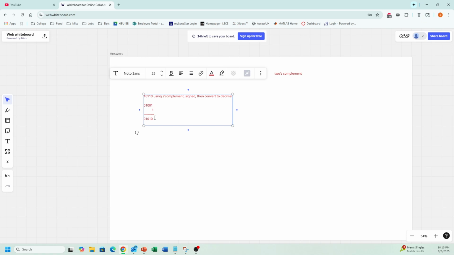Now, once we get this, we have to convert this back to decimal. So this is the equivalent of 10 in base 10. Since this was negative over here, this becomes negative 10.